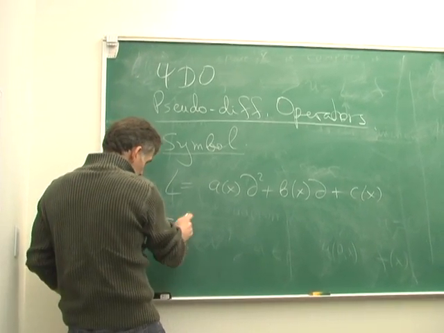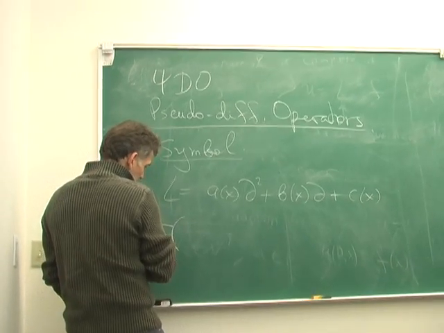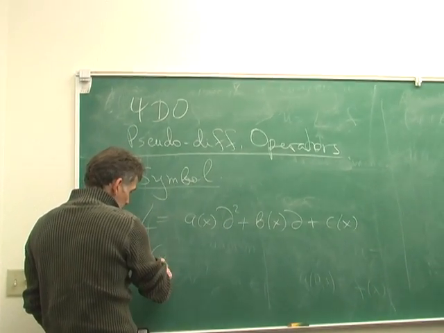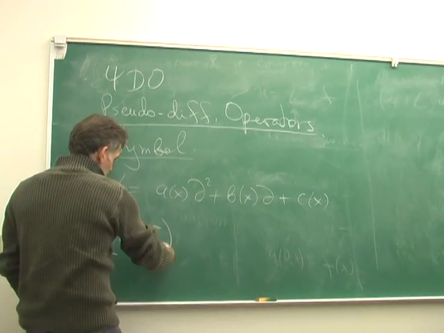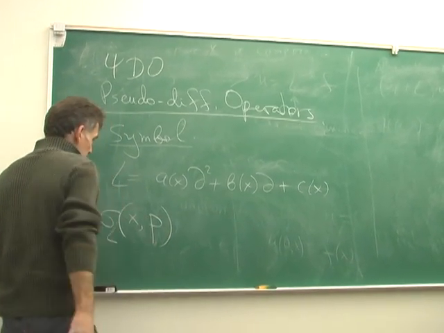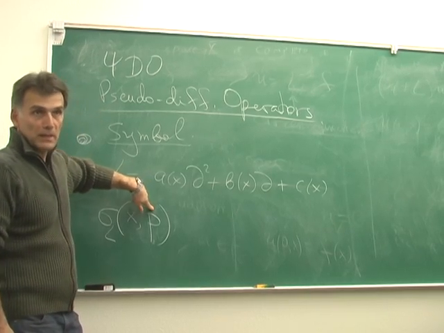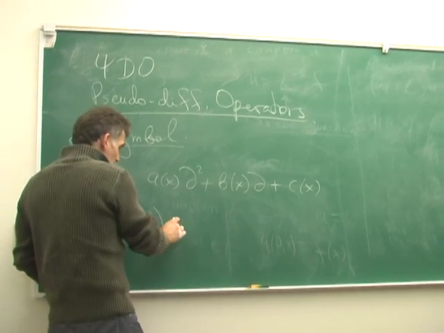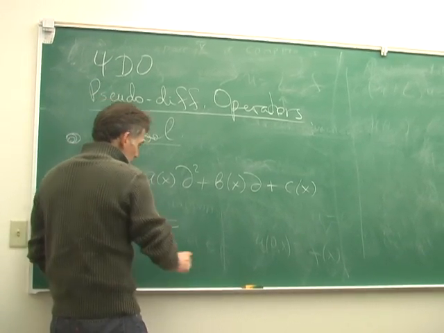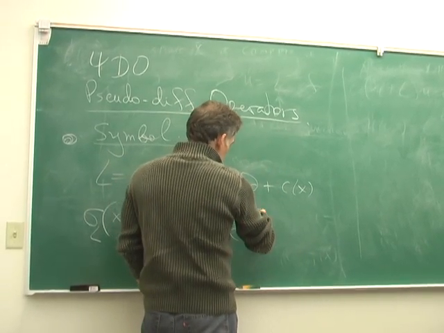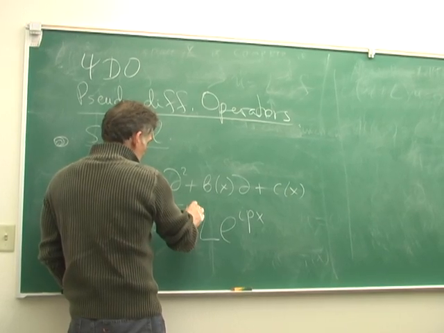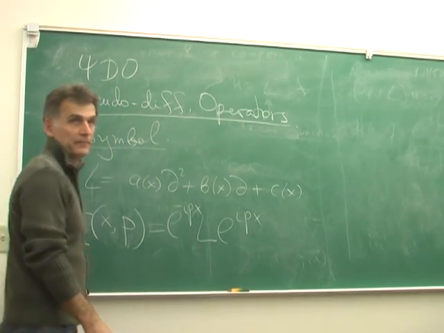So the symbol of the operator L depends on x, and it depends on, well, let's call it p. Like this is coordinate and this is momentum. And this is obtained by taking that operator and acting on e to the i p x, and then killing that exponential.